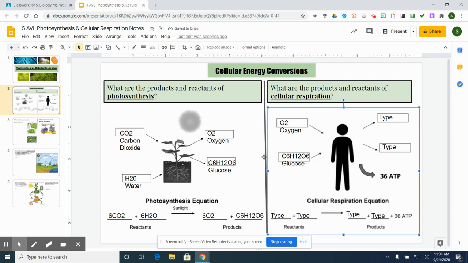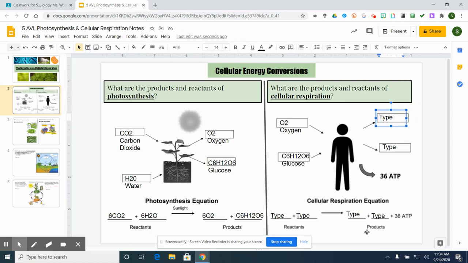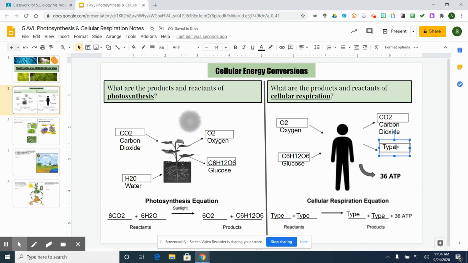Okay, so we take in our oxygen and our glucose. We undergo cellular respiration, and we breathe out carbon dioxide. And we release water.